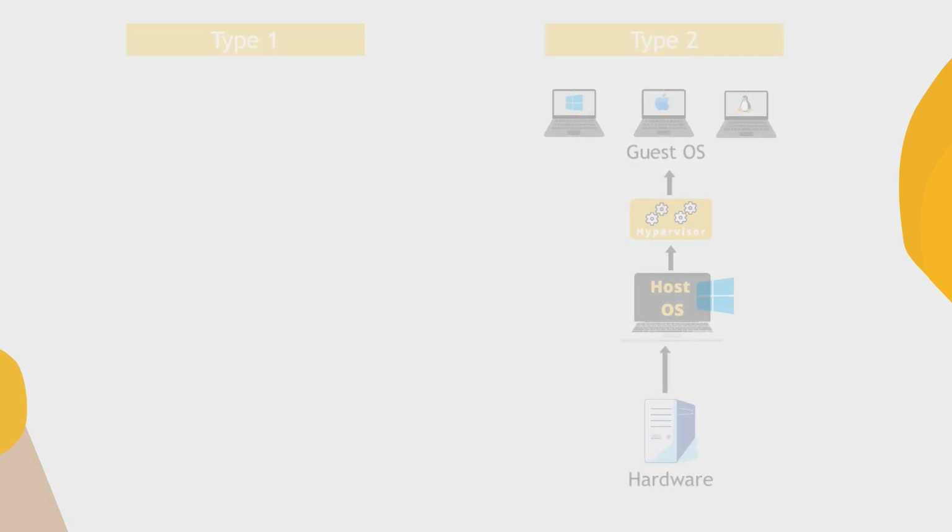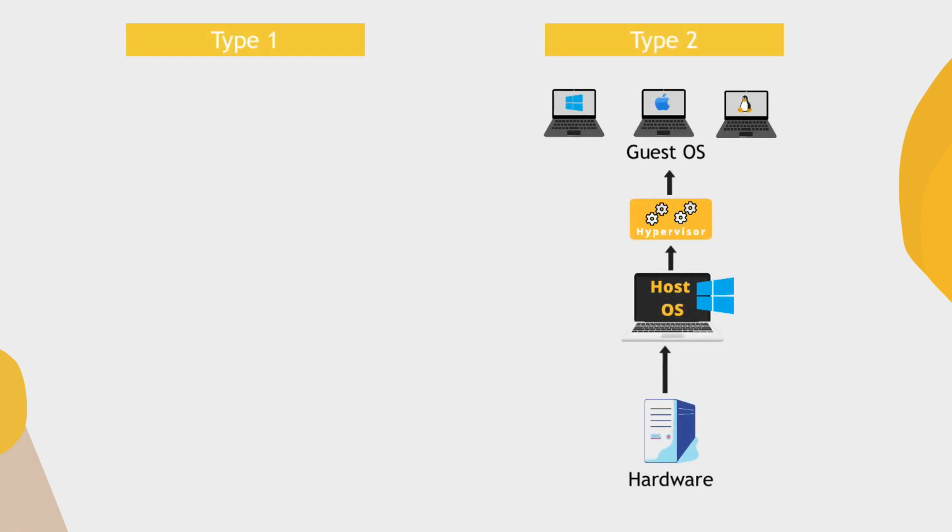And this type of hypervisor that I just described, which is basically creating virtual machines on top of an existing operating system, is called a type 2 hypervisor. So you have the host operating system or the main operating system, which is already installed on the hardware on your machine. On that operating system, you install a hypervisor like VirtualBox, right?